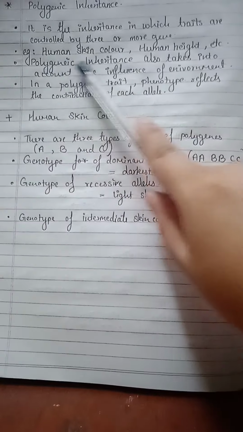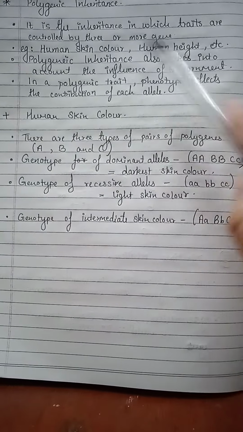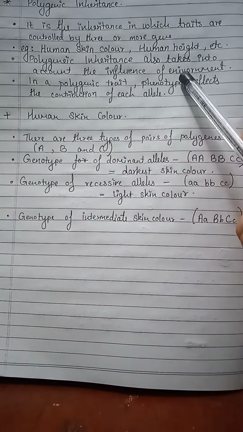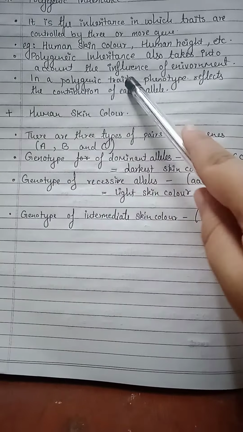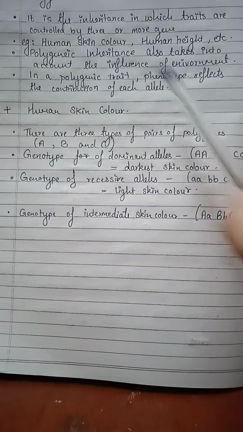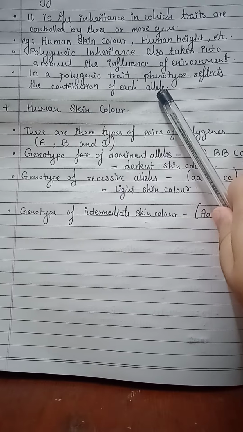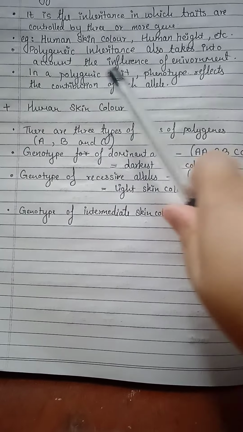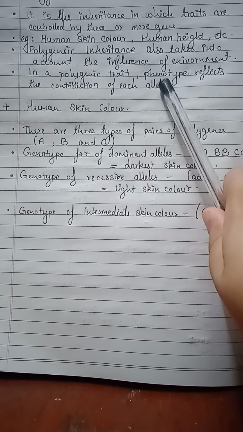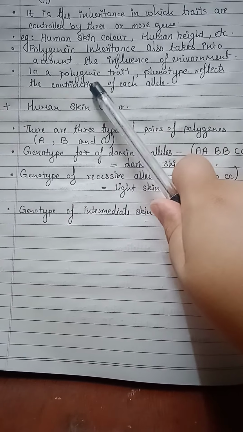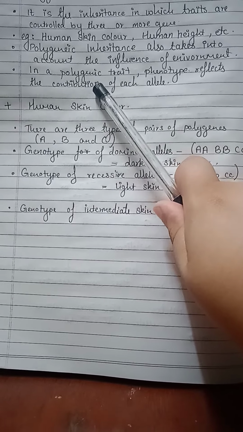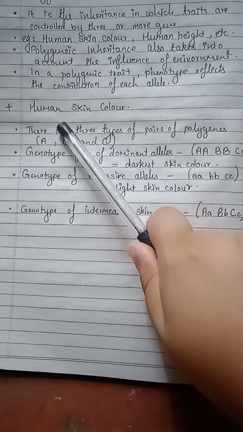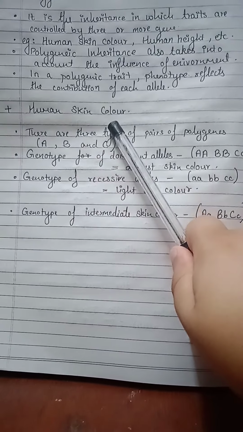Polygenic inheritance also takes into account the influence of environment. In a polygenic trait, the phenotype reflects the contribution of each allele. What we see reflects what kind of alleles have given the contribution. The example we see is human skin color.